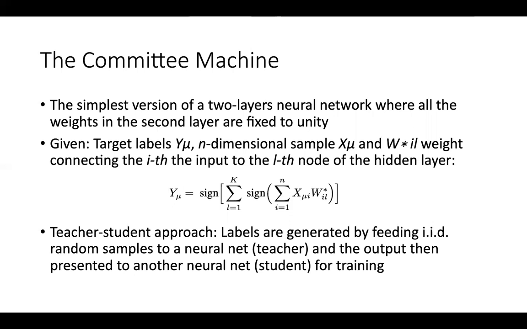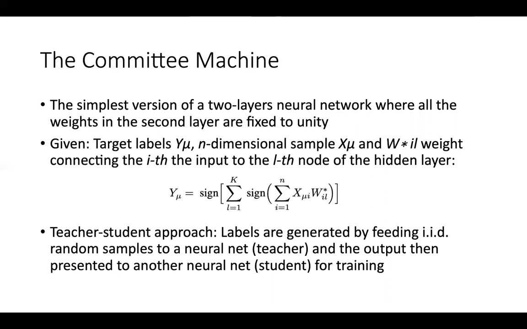So this is your standard task of the target variable, the n-dimensional sample, and the weights connected to each layer. The particular setting is what is known as the student-teacher approach. The labels are generated by feeding IID random samples to a neural net, which is the teacher.